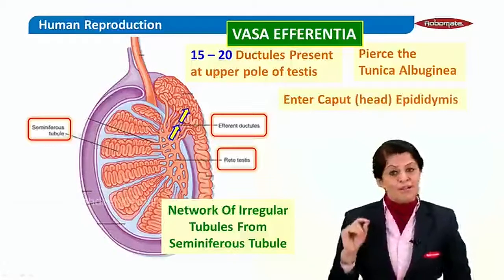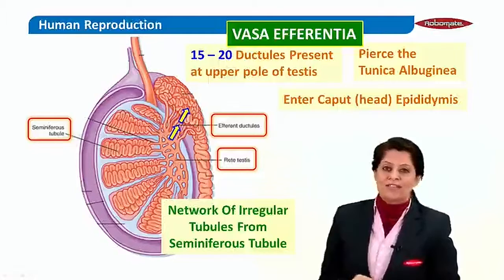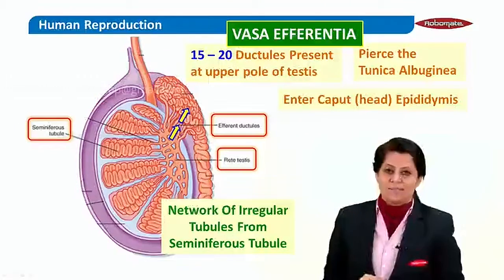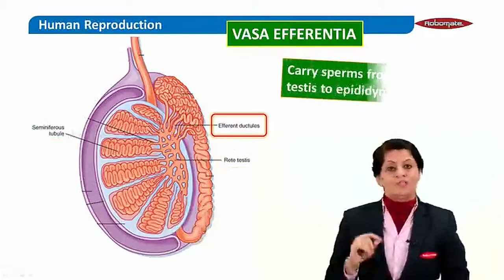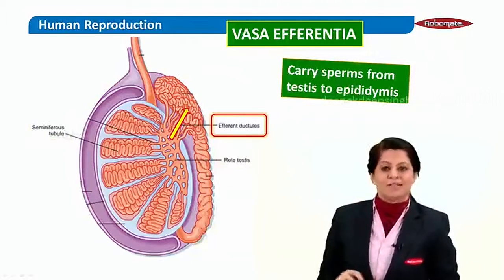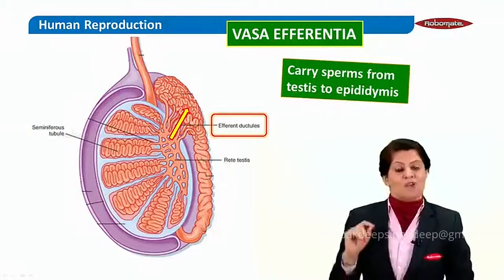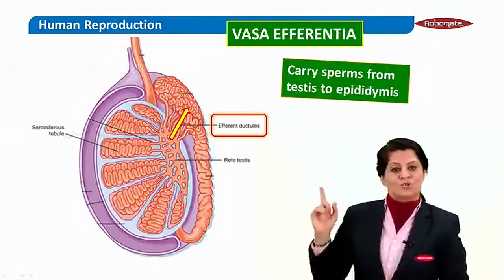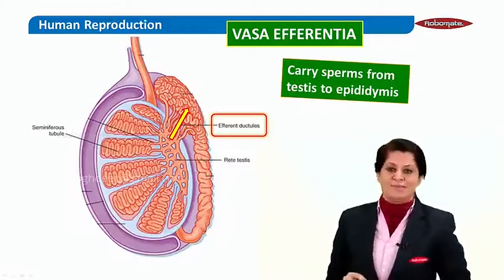So small ductules, 15 to 20 in number, called vasa efferentia, at the upper pole of testis. Now what exactly are they doing? These are tubes having a thin layer of muscles in them. So these are the tubules which are carrying sperms from testis to the epididymis. That's the function of these tubules.